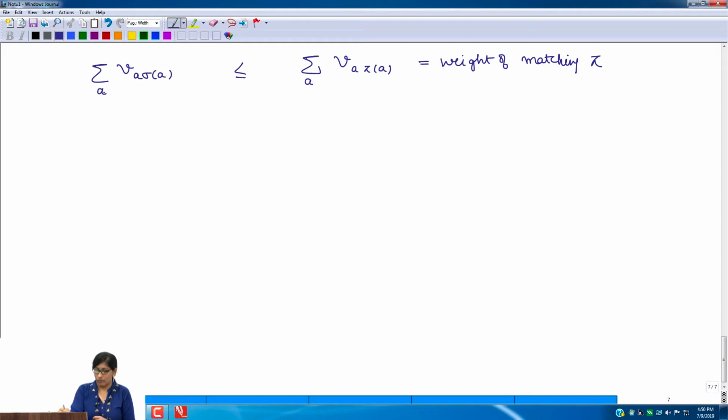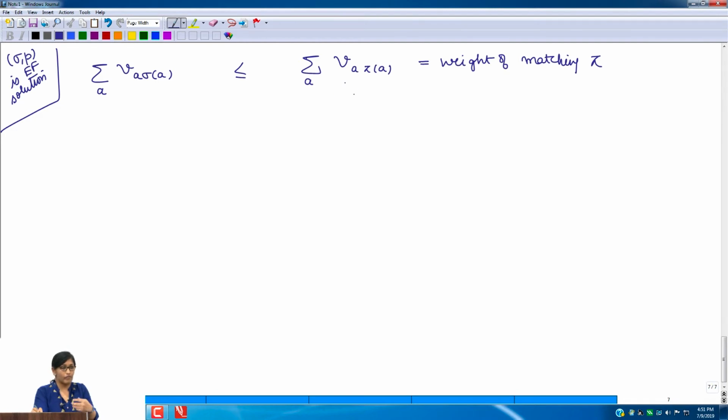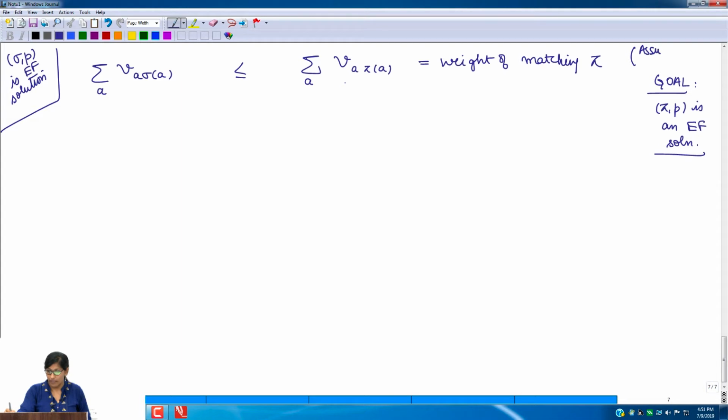Remember that I've assumed sigma comma p is envy-free, so sigma is some matching. I want to show that given a maximum weight perfect matching, it can be coupled with a price vector to make it an envy-free solution. So my goal is to show that pi comma p is again an envy-free solution, and I've assumed that pi is a max weight perfect matching.